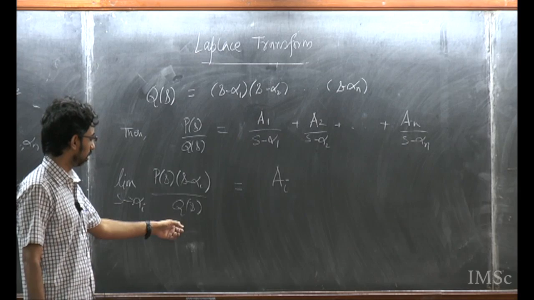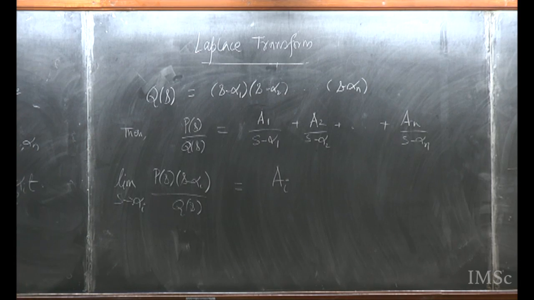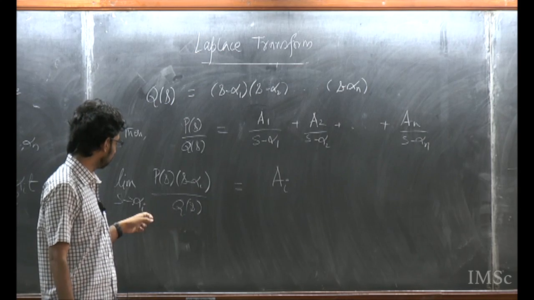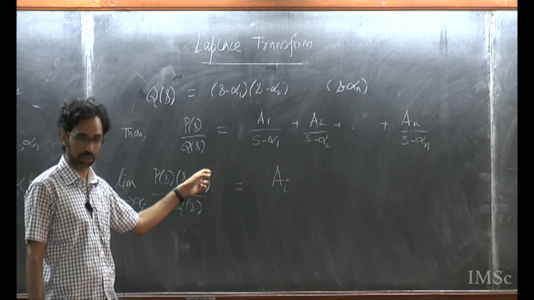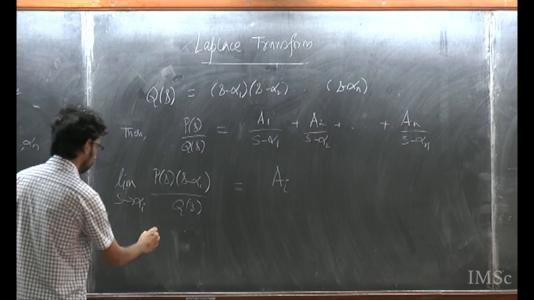Here one can use L'Hopital's rule, because when s goes to alpha i, this is going to 0 and this is also going to 0. So what will you have?